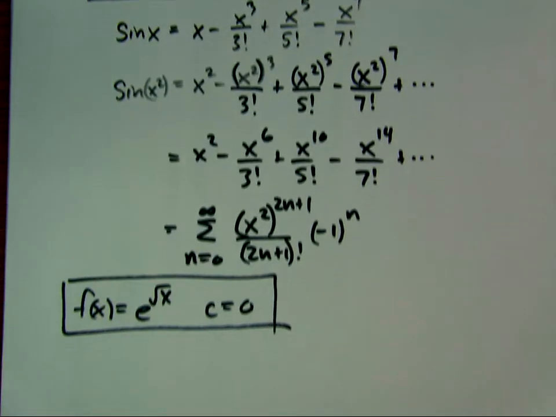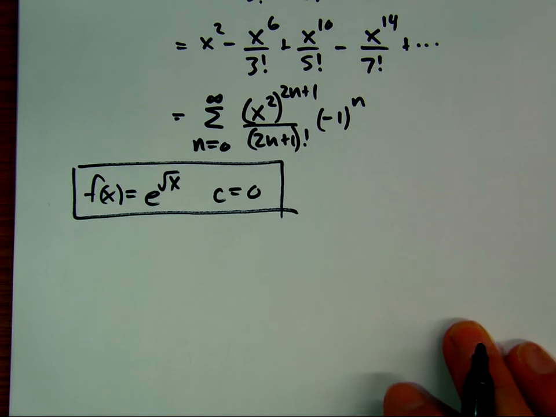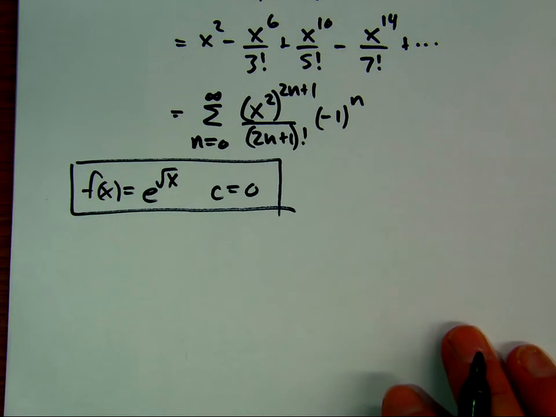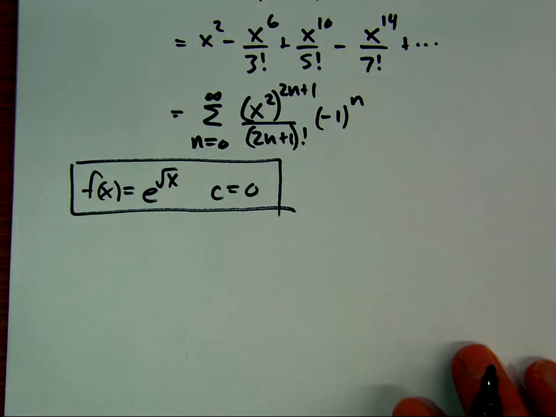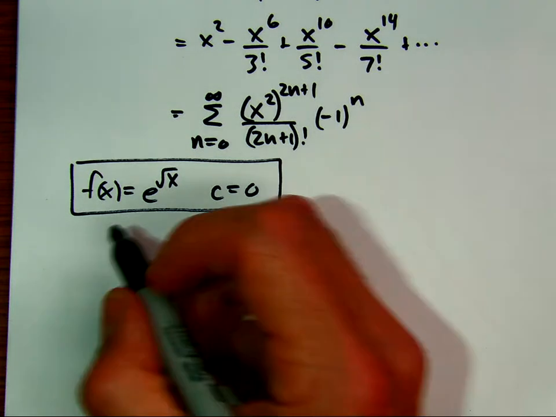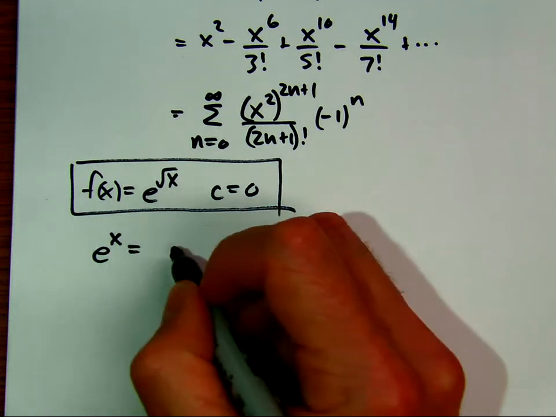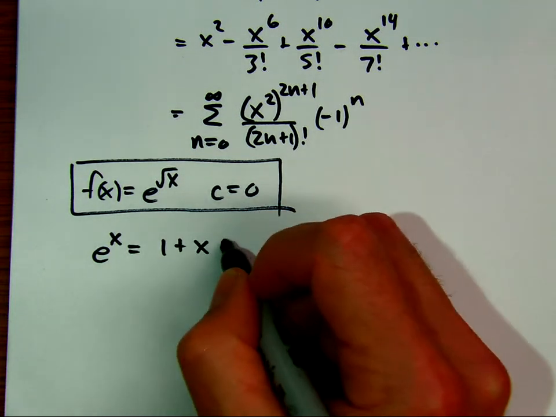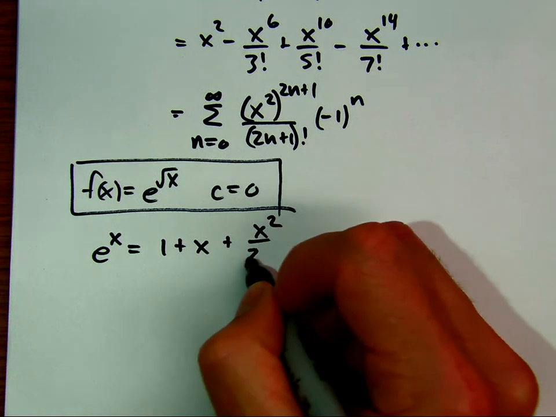Okay, pause the video and try that one. Just copy the series for e to the x and substitute. So we know that e to the x is 1 plus x squared over 2 factorial.